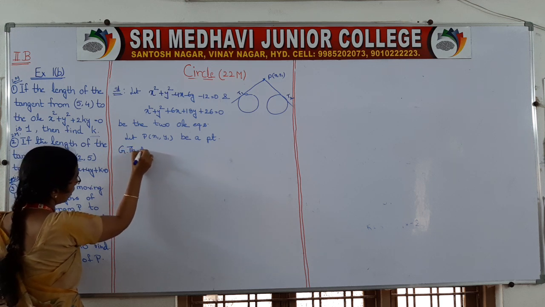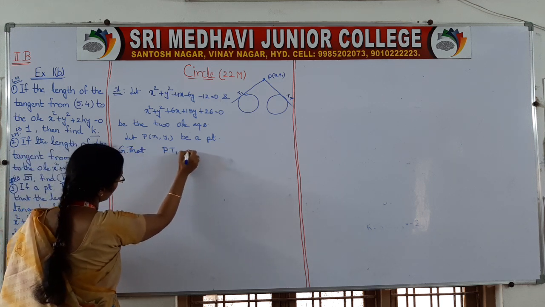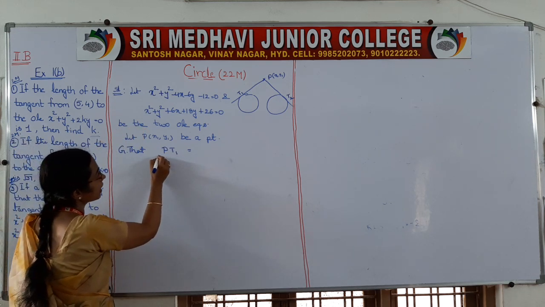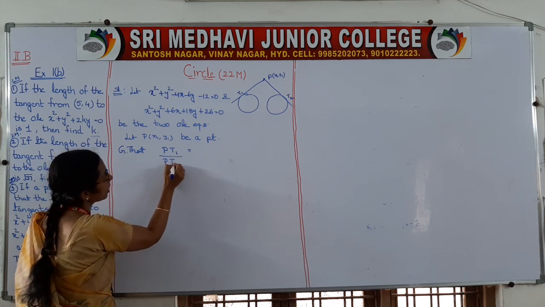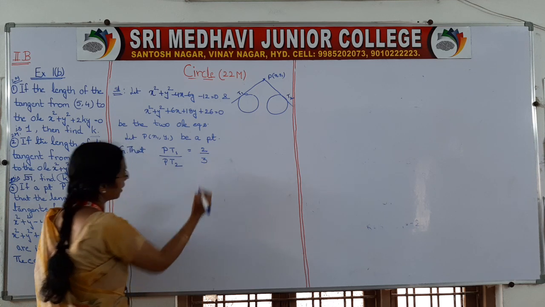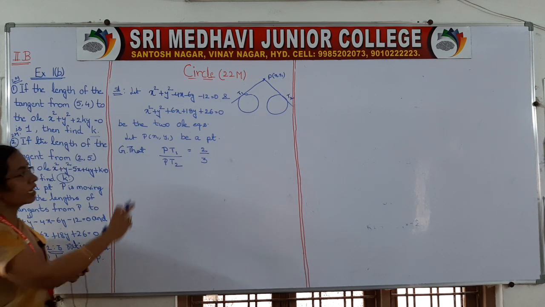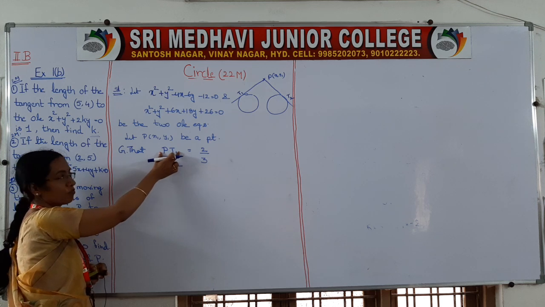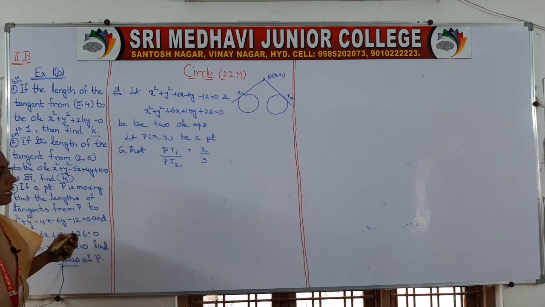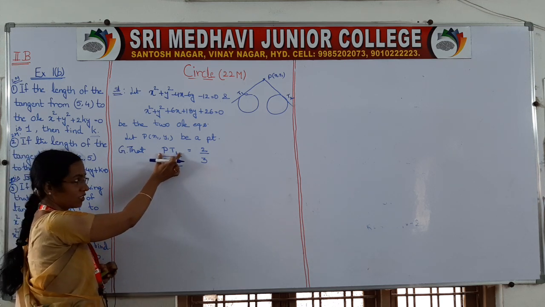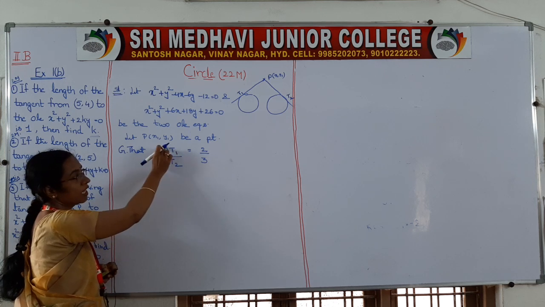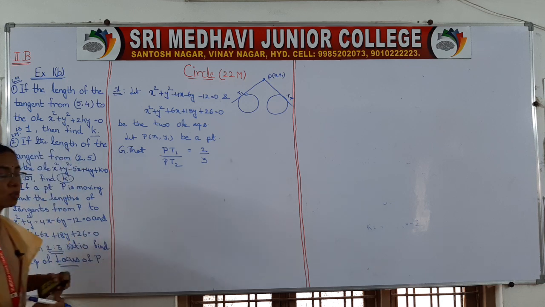Given that PT1 by PT2 is equal to 2/3. The ratio of the length of the tangent to the first circle, PT1, and the length of the tangent to the second circle, PT2, is given as 2:3.